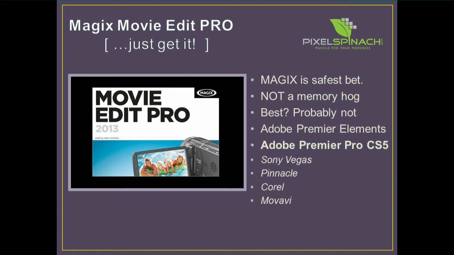And that now is Magix Movie Edit Pro 2013, or depending on when you watch this or listen to it, whatever their latest and greatest is. Magix is, I believe, a German-developed product. It's the safest bet, and it has a fantastic GUI, graphical user interface. It's very well laid out, very intuitive, easy to use, and very powerful from what I've seen so far.